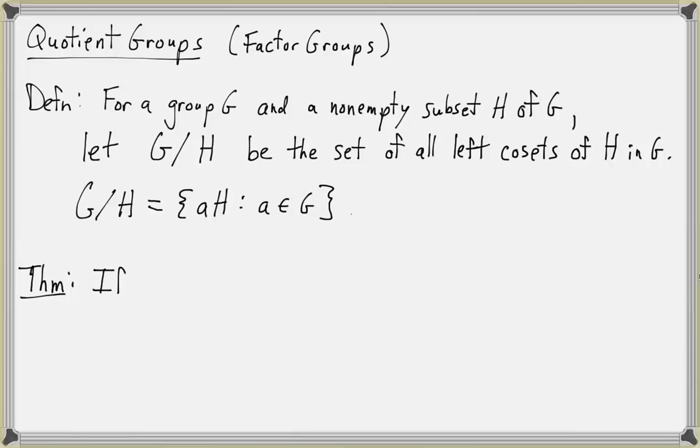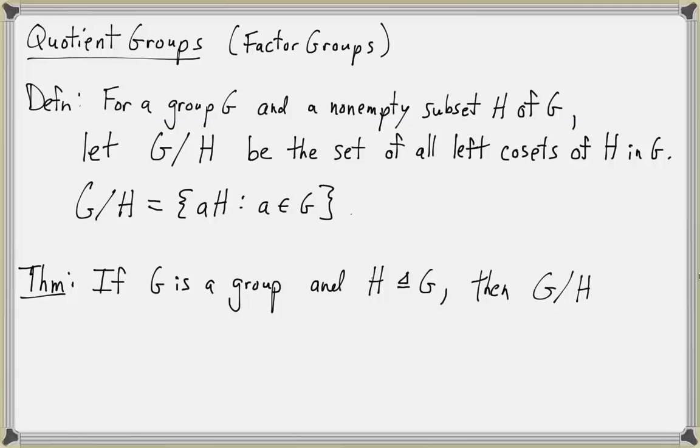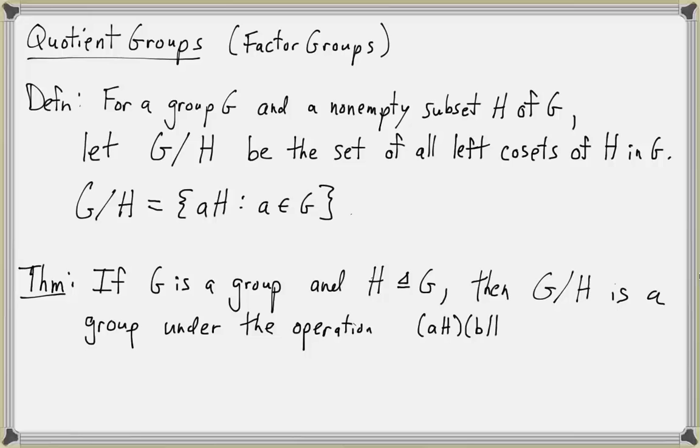If G is a group and H is a normal subgroup of G, then the set of left cosets of H in G, G over H, is a group, and the operation is multiplication of left cosets, so aH times bH will equal abH.